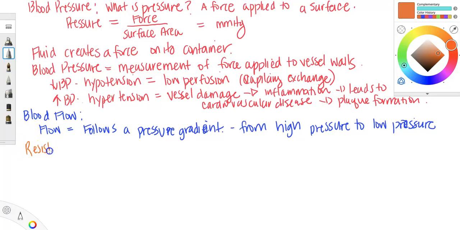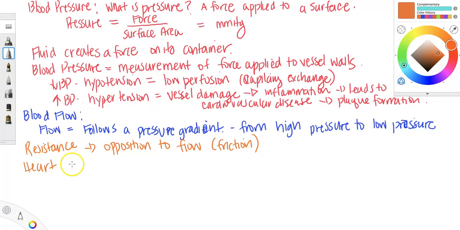Resistance is the opposition to that flow. So basically friction. Just the blood rubbing up against the vessel walls, that's friction. That is resistance. Okay. So the heart is what creates the pressure gradients that allow for blood flow.